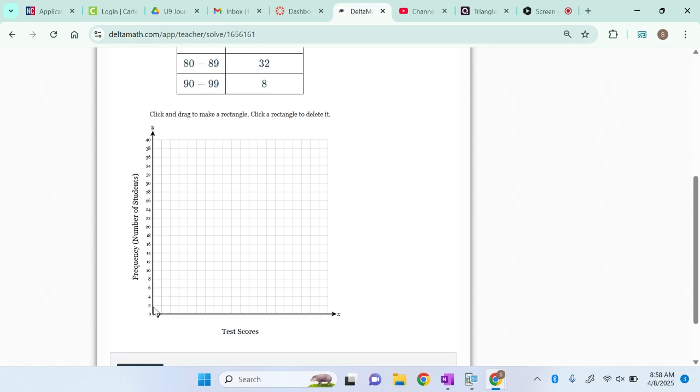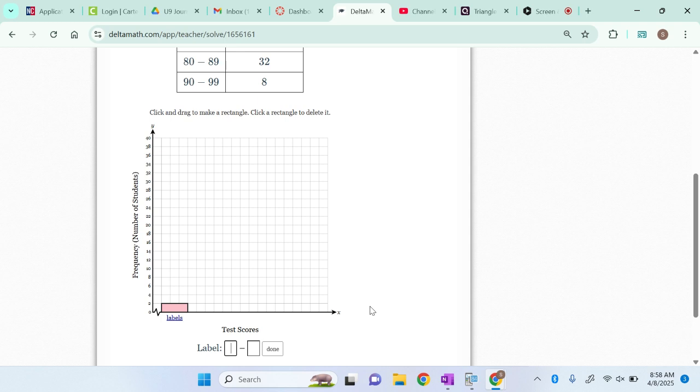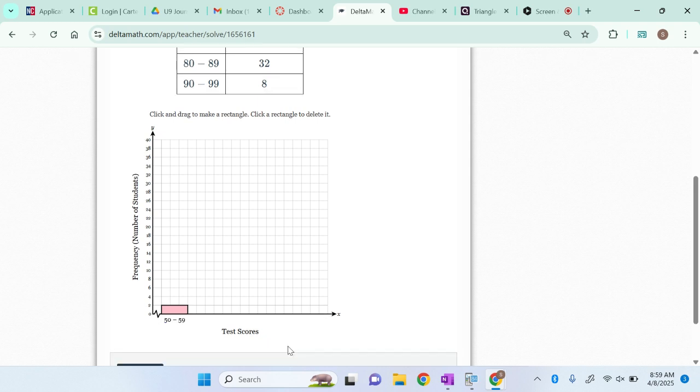So I'm going to grab the 2 right here and go 3 squares over. Let's say the magic number is 3. I'm going to label it from 50 to 59. That's your first bar.